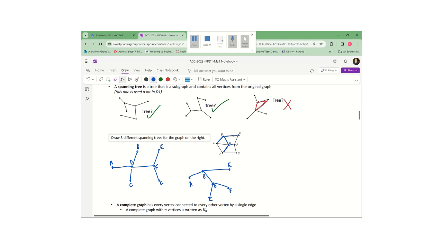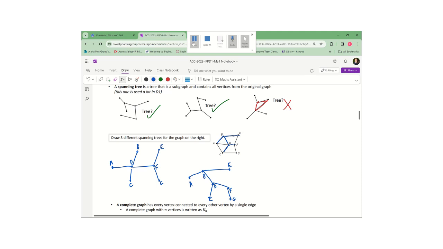And yeah, G is the only one I haven't touched yet, so let's go down to G. This is a tree because it has no cycles in it. If I had drawn on this arc, for example, I'm forming a cycle between E, B, D and F, so that would not be a tree.